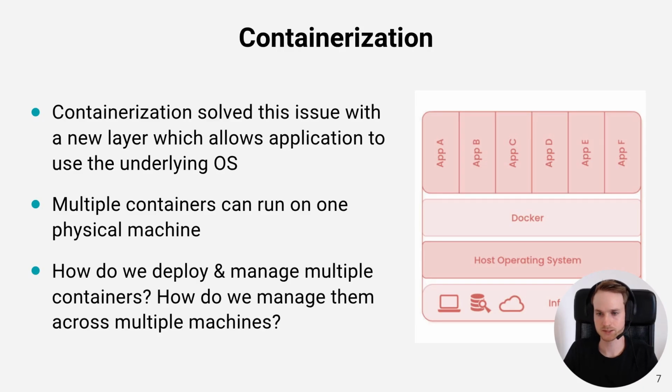But then the next question comes up when we now have multiple containers running on one physical machine. How do we actually deploy these containers? How do we manage the lifecycle of the containers? How do we repair deployments? And what happens when we have multiple physical machines with containers running on each? How do we manage this?